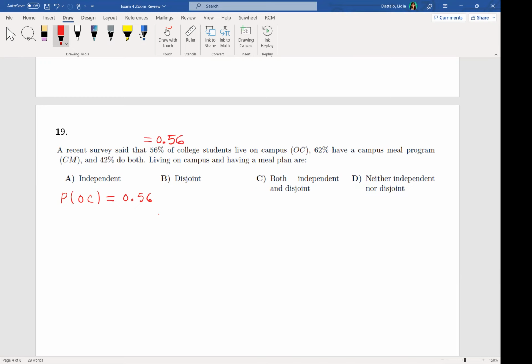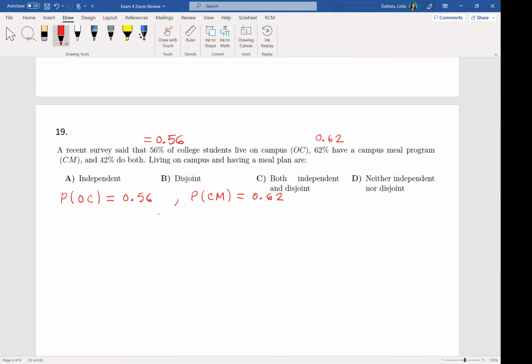The probability that they have a campus meal program is 62%, which divided by 100 is 0.62.